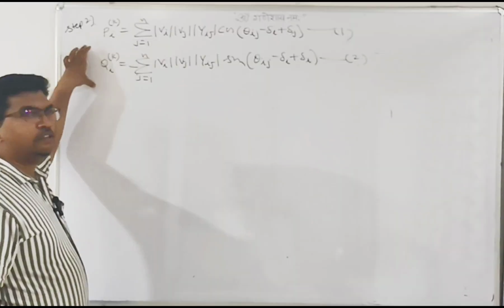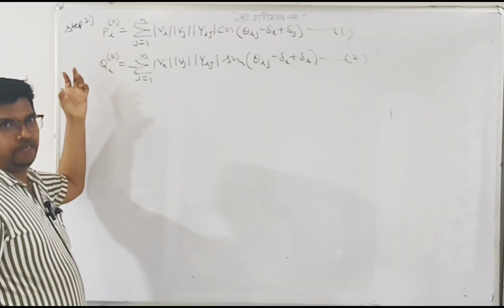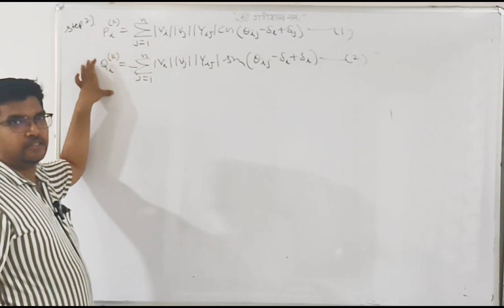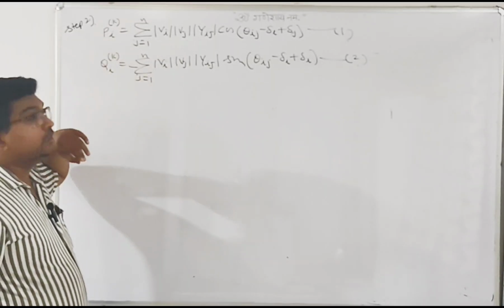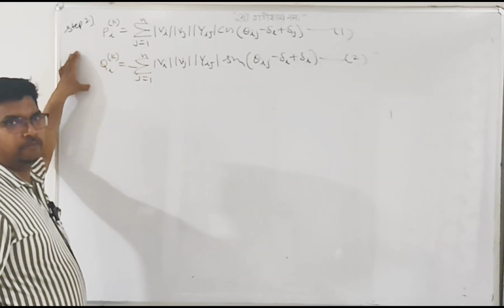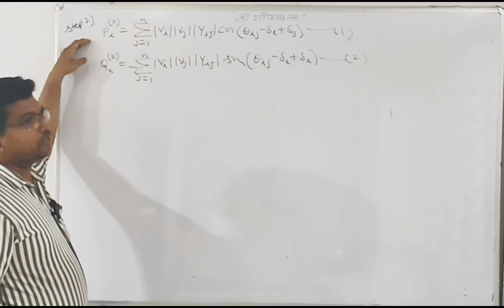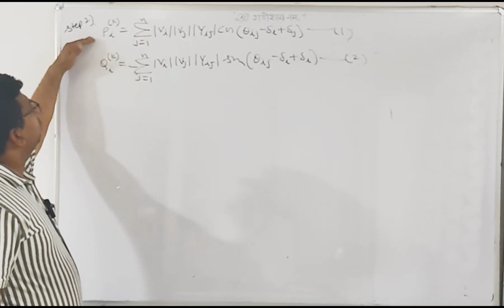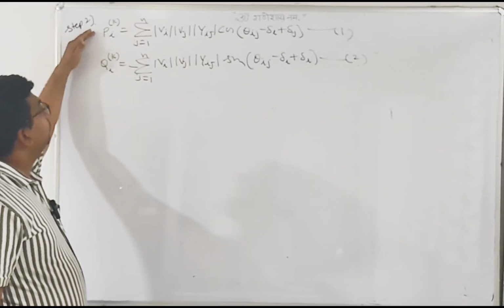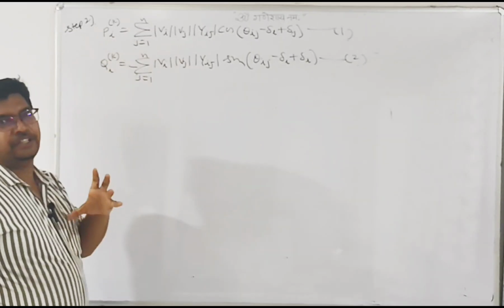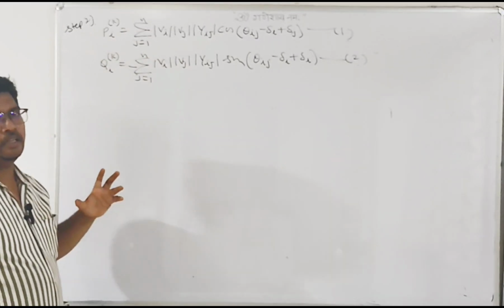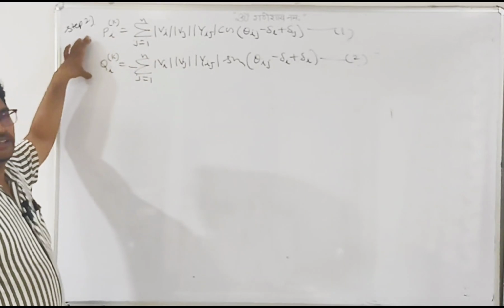So we have discussed the complete structure of the Jacobian matrix for the 3 cases: case 1, case 2 and case 3. We will come back to our problem, because our problem is relevant to case 2. In case 2 we have to determine step 2, because in step 1 we have already determined the Y bus in polar form, where the angle is in radians.